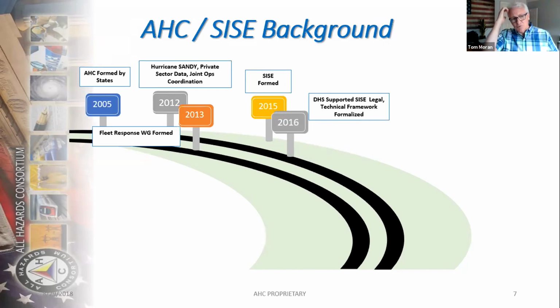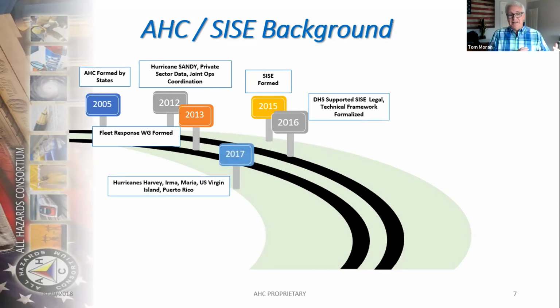2016, DHS CISA issued a grant to the consortium under a Security Resilience Challenge grant, where it provided additional resource now to really build out our use case or problem-solving process, our legal agreements, our ability to get more data and organize it. 2017, we actually put that to work in the hurricane season, and it was a game changer.